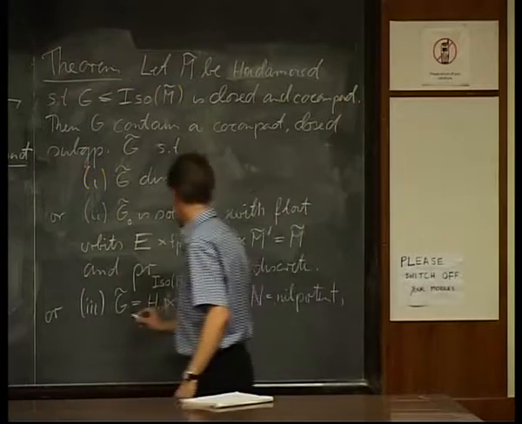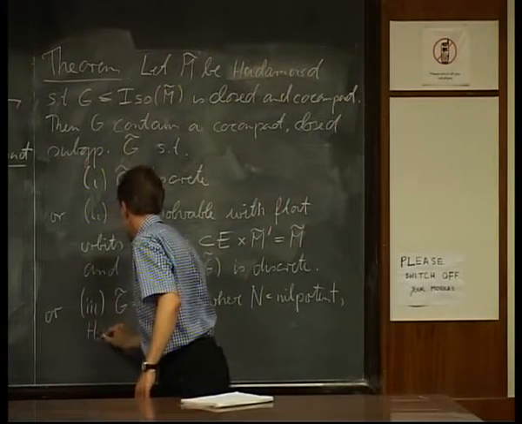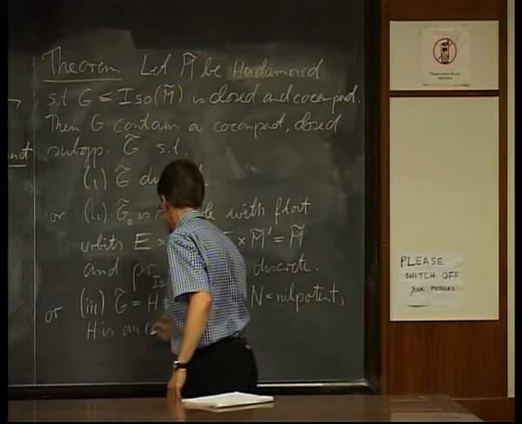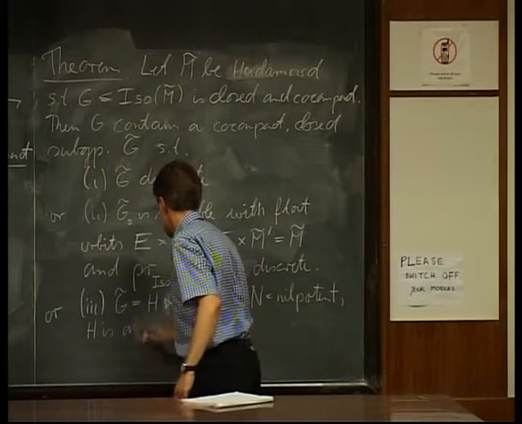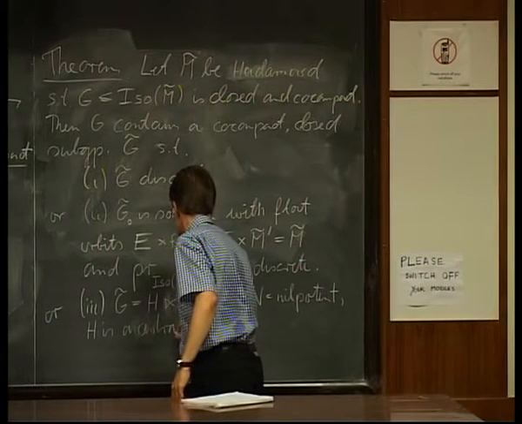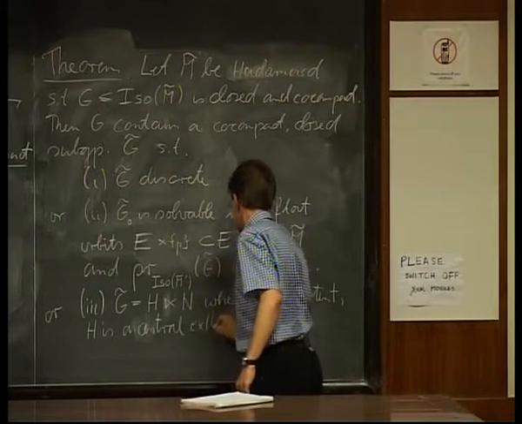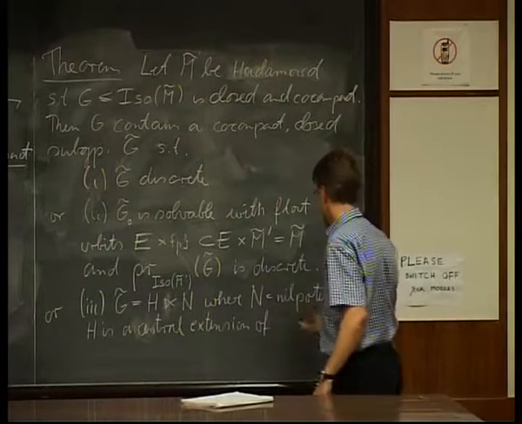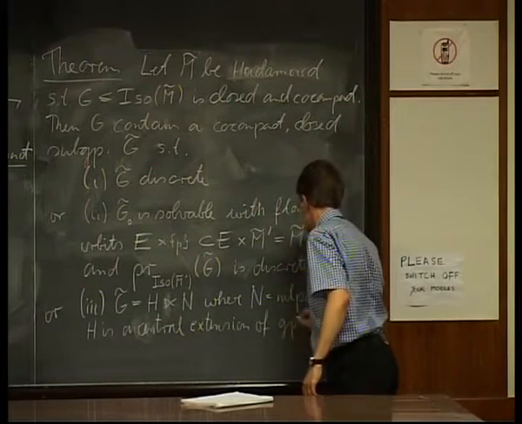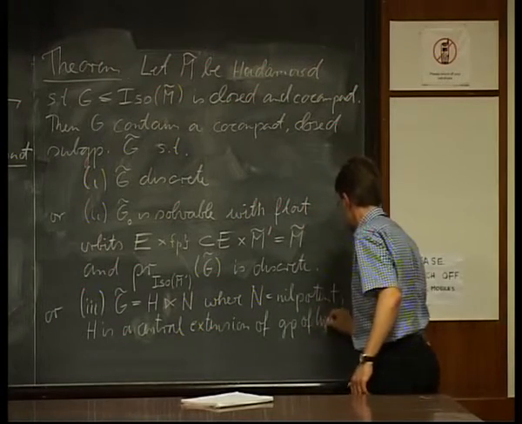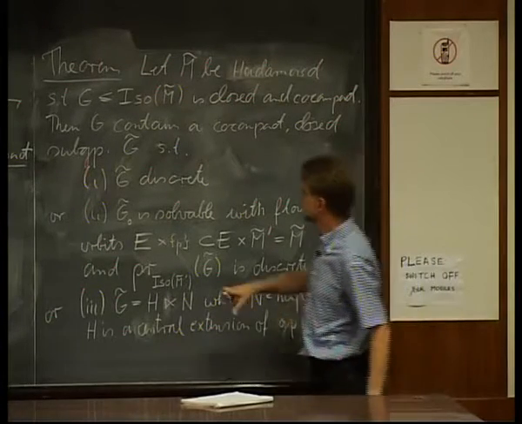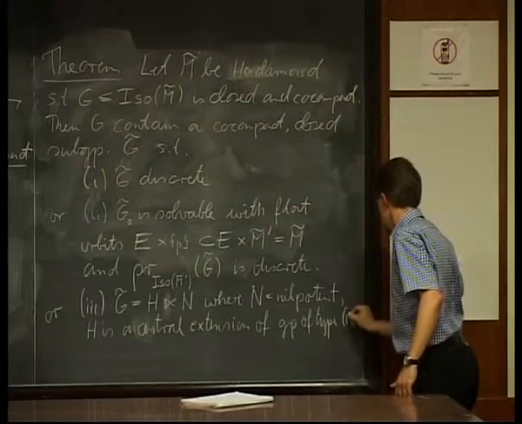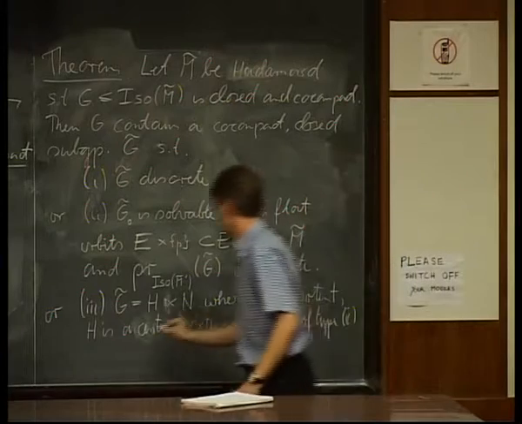N is nilpotent, and H is a central extension of a group of type 2 by a torus.